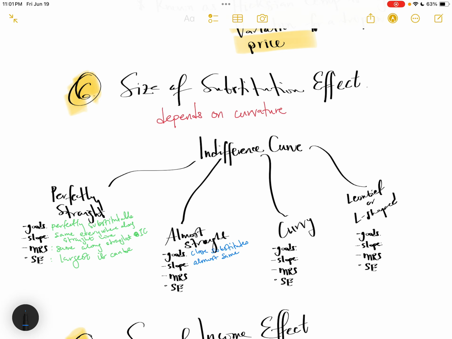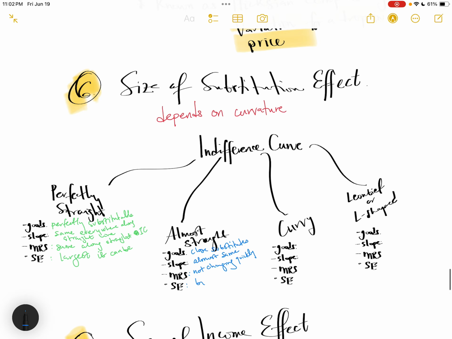The marginal rate of substitution, which is the slope of the indifference curve, will not change quickly along that almost straight line. It will be almost the same, right? And the substitution effect will be big.